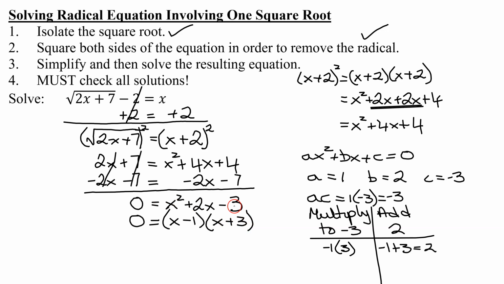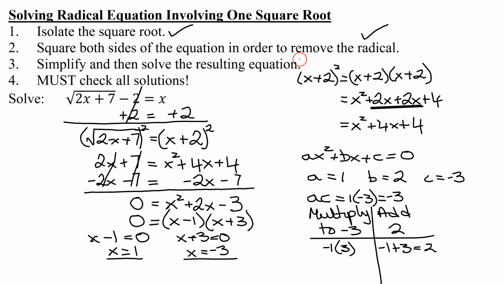So I factored my trinomial. Two binomials multiplied together equals 0. Set each of them equal to 0. So I'm going to get x minus 1 equals 0. Add 1 to both sides, x equals 1. The second one, x plus 3 equals 0. Subtract 3 from both sides, you get x equals -3.